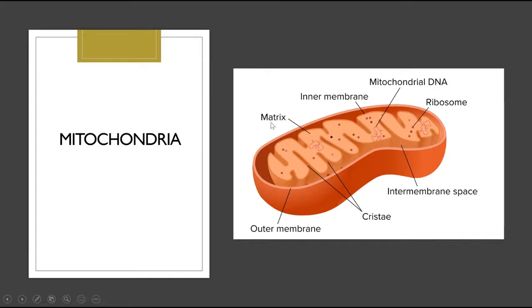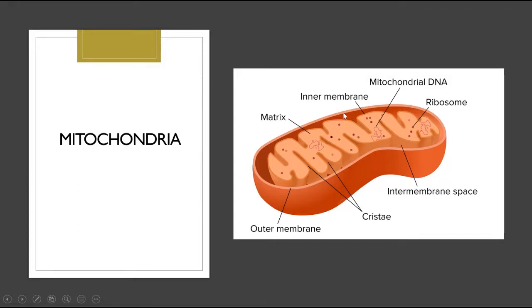And there is also a process going on called cellular respiration. Many of the processes of cellular respiration take place within the mitochondria. So the mitochondria are suspended in the jelly-like cytosol. Of course, they are present within the cytosol, and they are mainly oval-shaped, and they have two membranes.